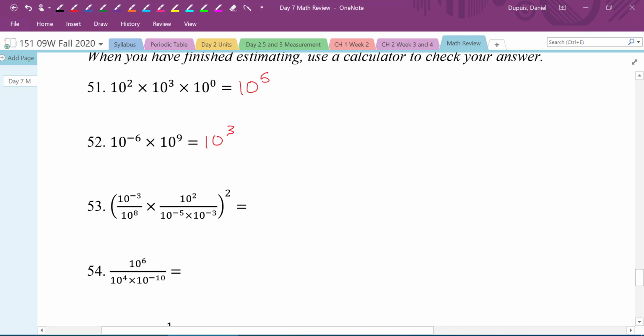Now I would break this up. The first one is 10 to the minus 11th, because that 8 comes up, it becomes negative. Negative 5 and negative 3 is 8, so this is 10 to the 10th. So that's 10 to the negative 2. Feel free to do this in your calculator after the fact and say, oh, we're pretty close. It's amazing how close we get estimating sometimes.